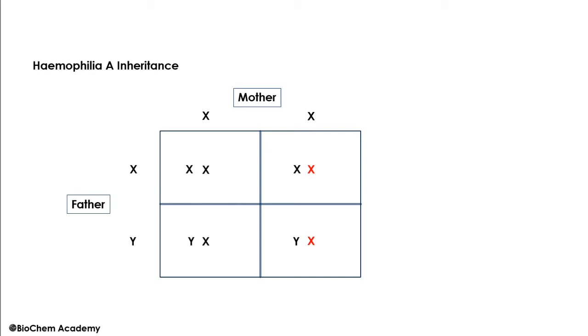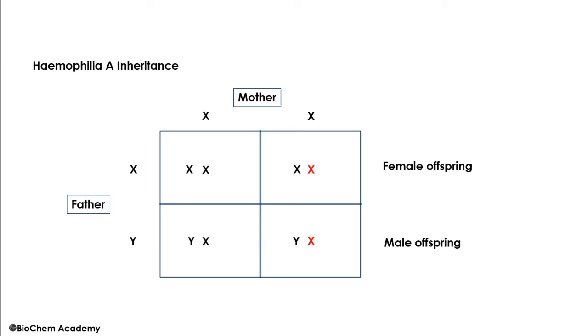Now the offspring shown in the top two squares are females, as they have two X chromosomes. So one of them will be a carrier. The other offspring at the bottom two squares that you can see are males, as they only have one X chromosome, and the other is the Y chromosome.